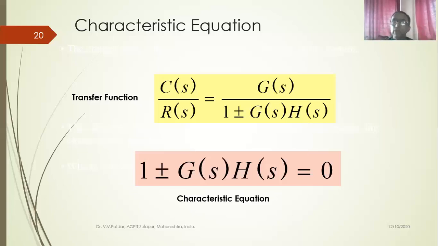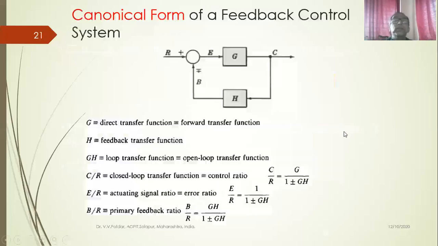So, in other words, we are predicting the system behavior before building the system, just from the equations of operation, from the mathematical model, from the transfer function, from the characteristic equation of that system. I can suggest the designer the range of values of various parameters related to different components. So this is why the name characteristic equation is given to this denominator of the closed loop transfer function.